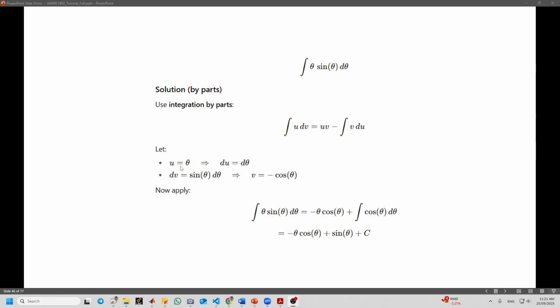So we assume that u is equal to theta. Du will be equal to d theta. So dv will be sine theta d theta. So we find v from here. You can just do integration from both parts, and then the final answer will be minus theta cosine theta plus sine theta, and plus c, because we don't have the value for the limits of the integration.